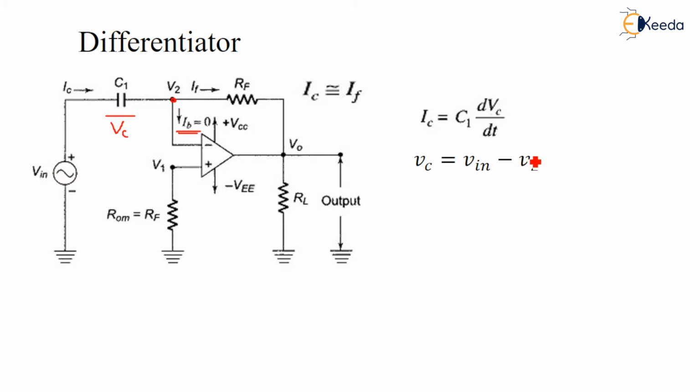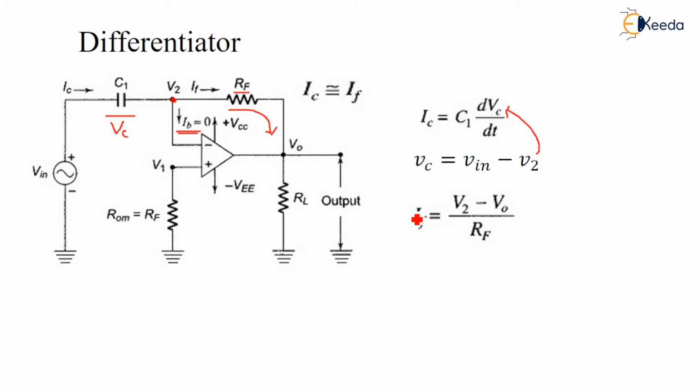So I'll substitute Vc into the above equation. This current IF, which is flowing through this feedback resistor, is also equal to V2 minus Vout divided by RF.